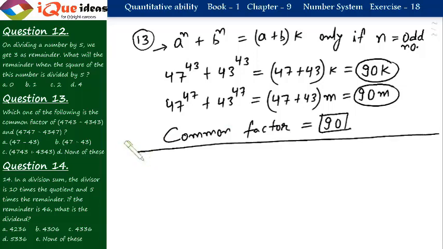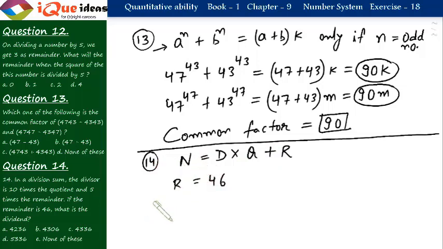Now question number 14. This is a direct question. In a division sum, the divisor is 10 times the quotient and 5 times the remainder. First you write the rule that the number n is equal to divisor into quotient plus remainder. The question says the divisor is 10 times the quotient and 5 times the remainder, and the remainder is 46. So it is already given that the remainder is 46.